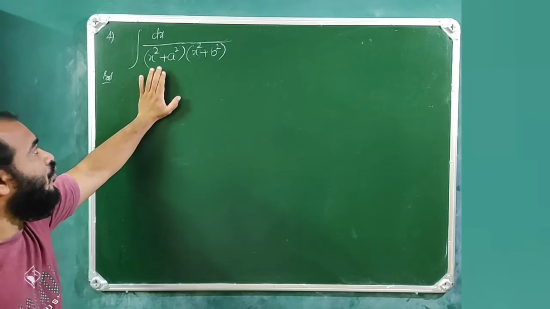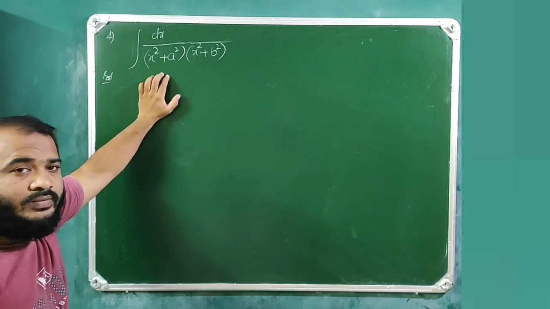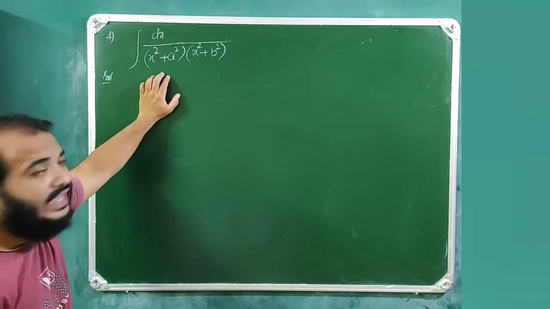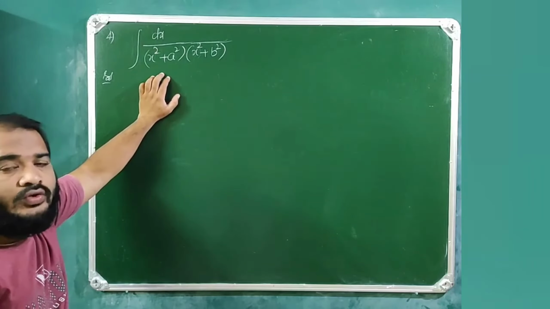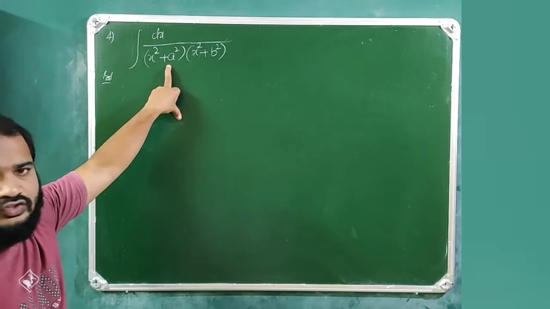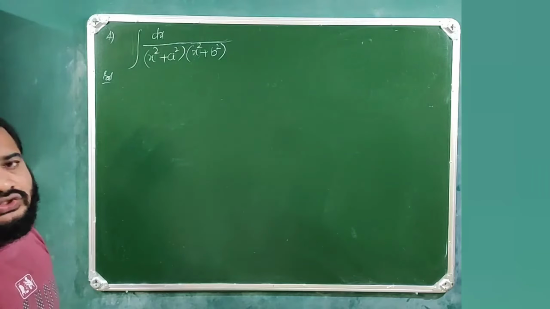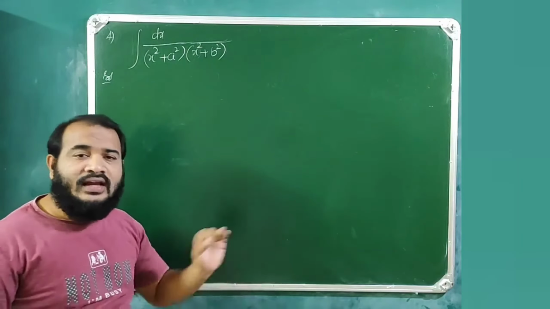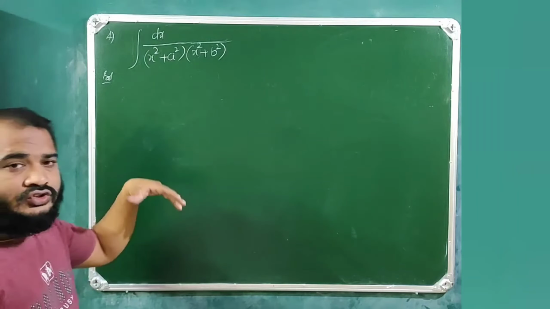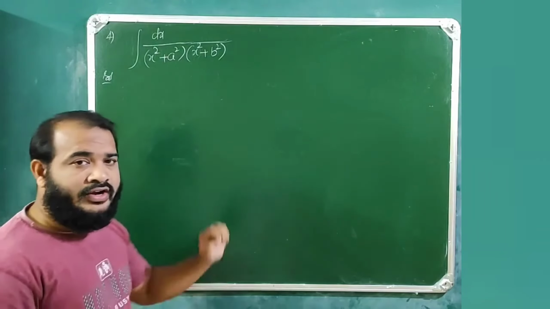So corresponding to every non-repeated irreducible quadratic factor ax square plus bx plus c, there will be a partial fraction of the form ax plus b by ax square plus bx plus c. Therefore, it should be ax plus b by x square plus a square, the partial fraction, and for this, cx plus d by x square plus b square. So a, b, c, d, 4 constants are generated. Therefore, 4 constants to be evaluated, which is a cumbersome tedious process. So let us find an alternative for this.